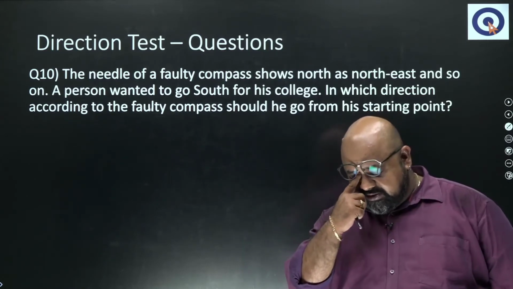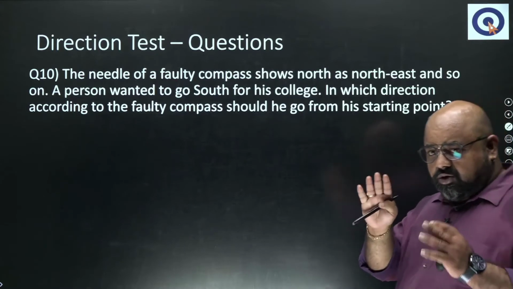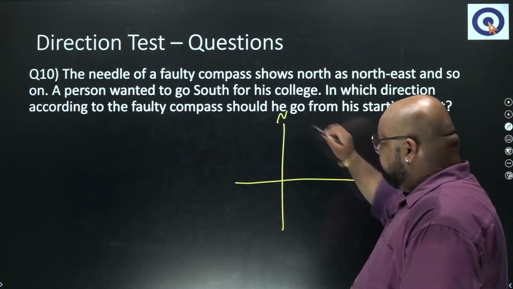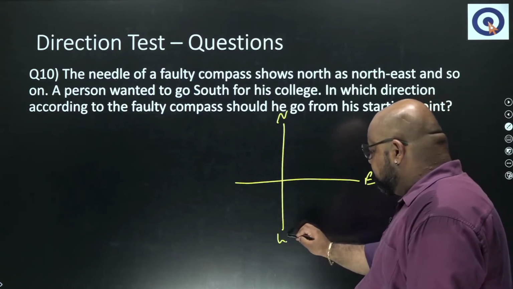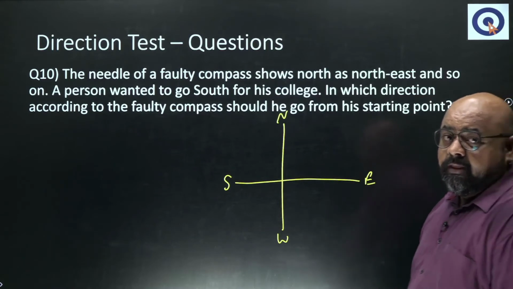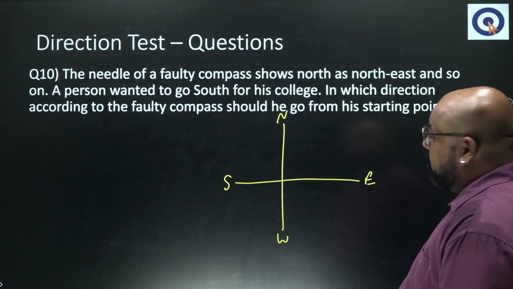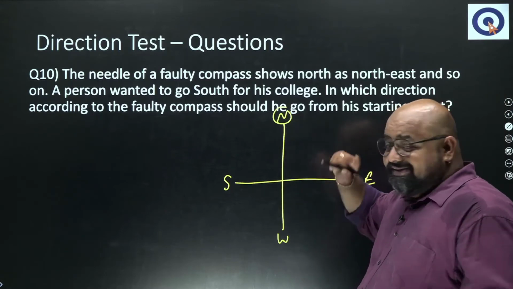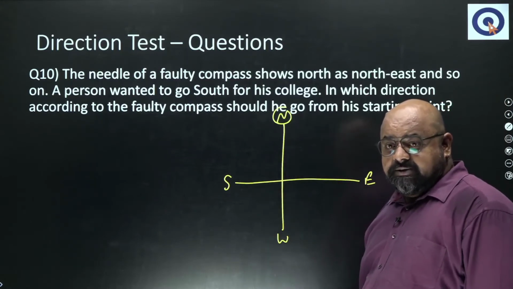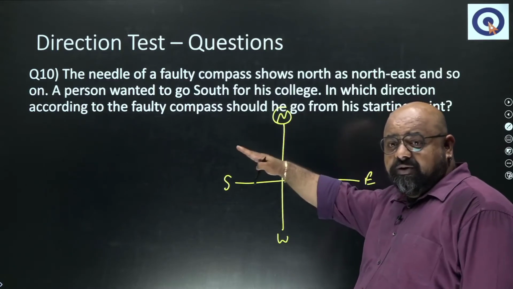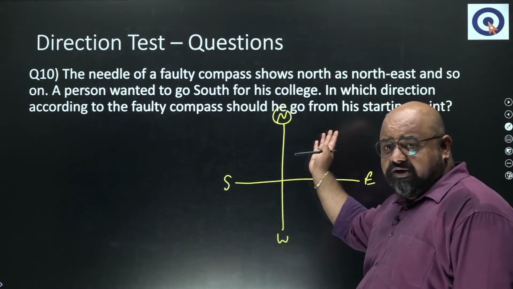So what we do here is, first we draw the actual directions. North, east, west, south. But this is not what is happening. The compass shows north, the normal north as northeast. So this normal north is the northeast for the compass, right? So if this has to become northeast, on one side would be the faulty north, on one side will be the faulty east.